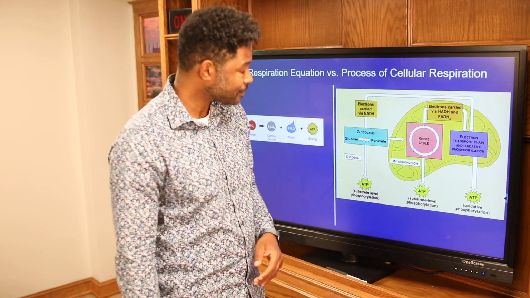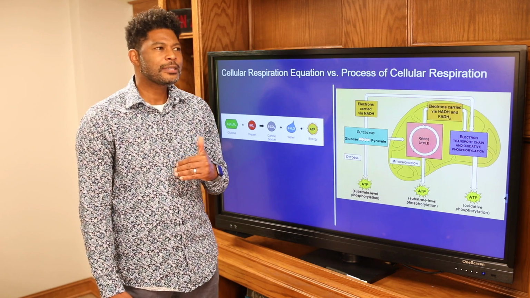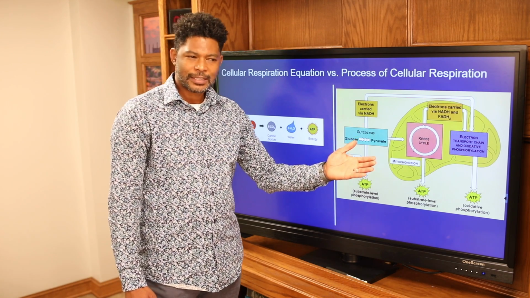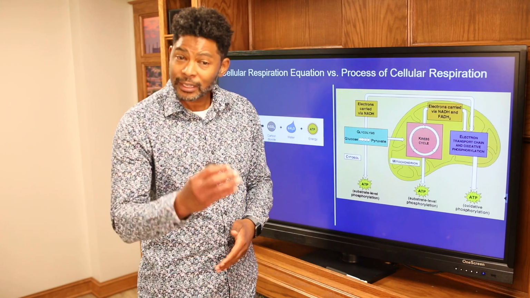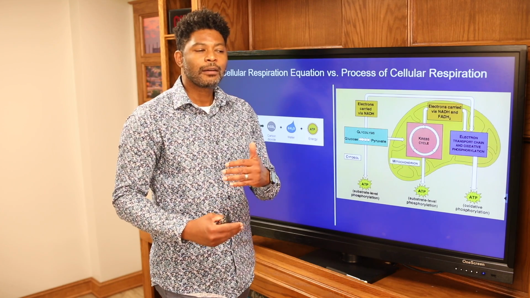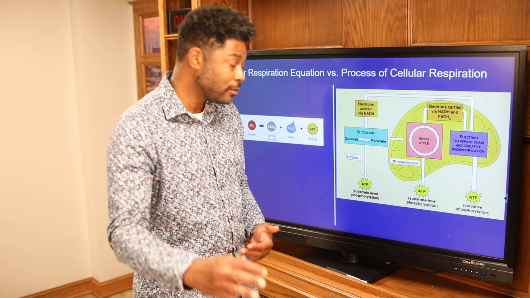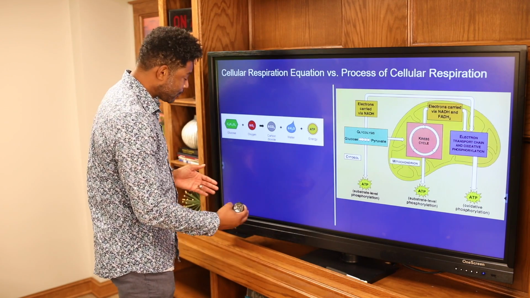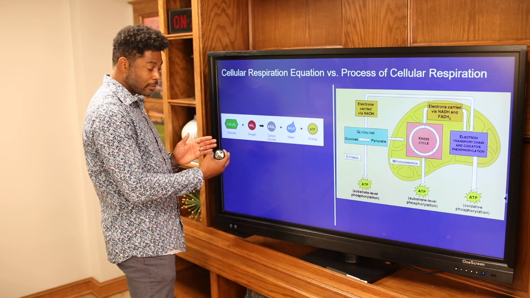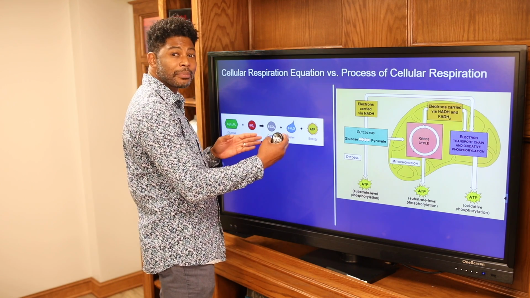Here's what I mean. Remember, with photosynthesis, it was carbon dioxide plus water, with light, giving you oxygen and a glucose molecule. Well, with cellular respiration, you have a glucose molecule plus oxygen giving you carbon dioxide plus water.